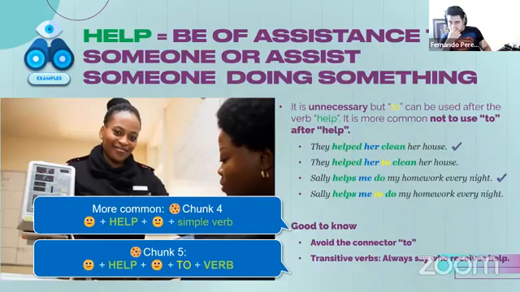Sally helps me to do my homework every night. According to the line, which one is more common? The first one. You need to avoid saying to when you use the verb help.